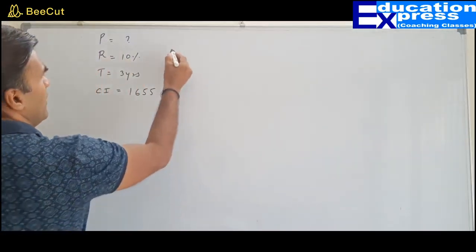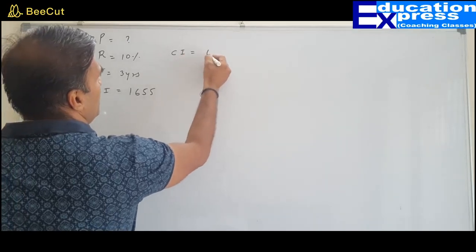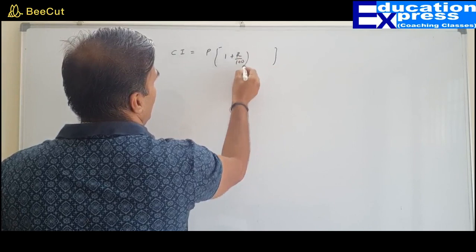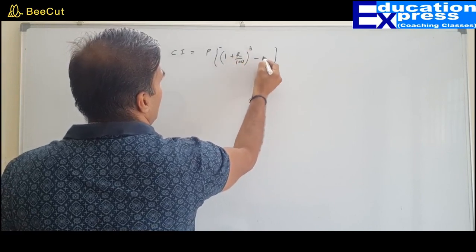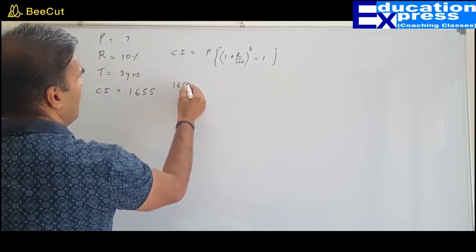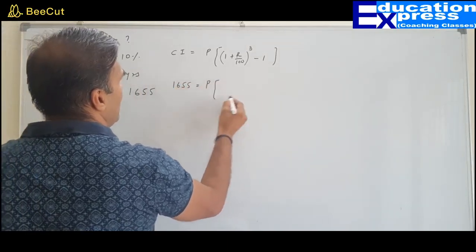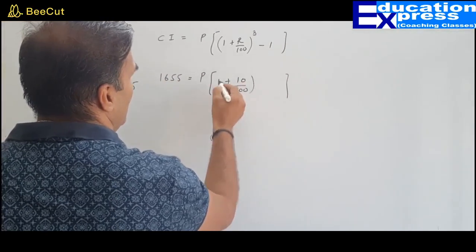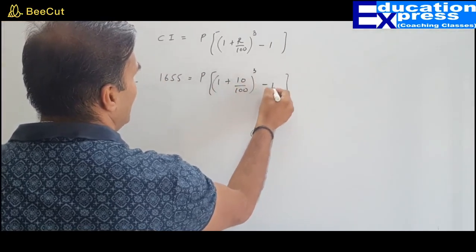Yes, sir. So my formula would be CI equals P times (1 plus R upon 100), the whole thing raised to 3, minus 1. I am substituting the values. 1655 equals P times (1 plus 10 upon 100) raised to 3, minus 1.